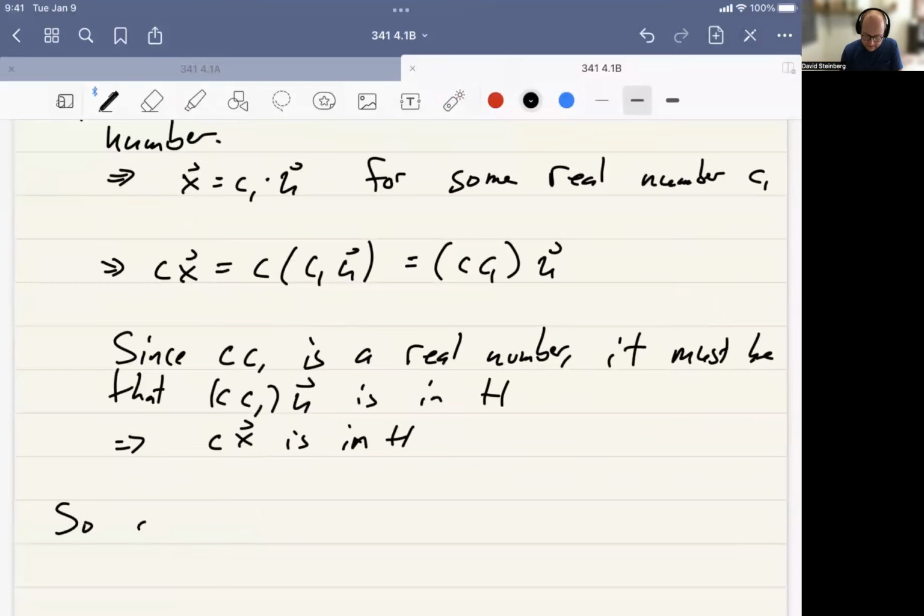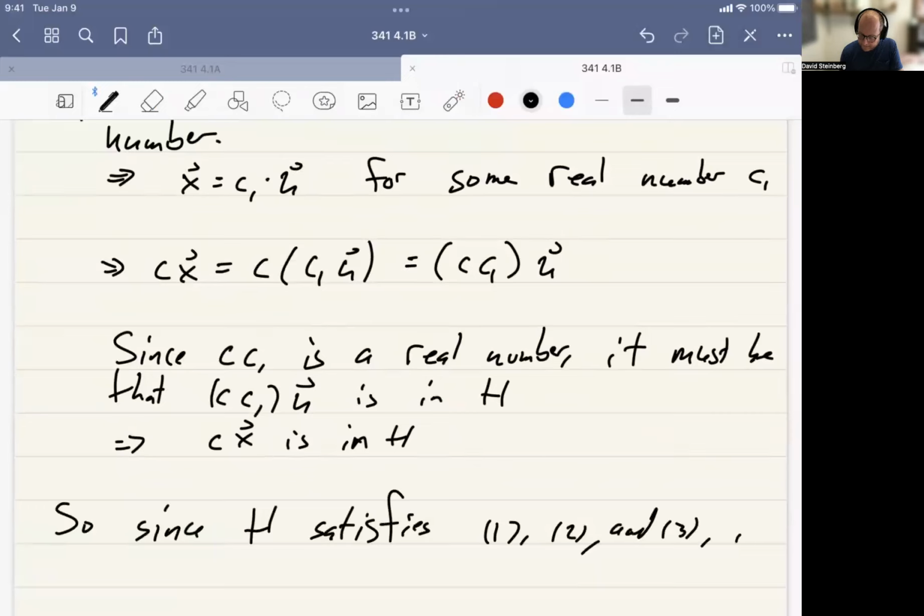So since H satisfies 1, 2, and 3, it is a subspace of R2, or of V, I guess.